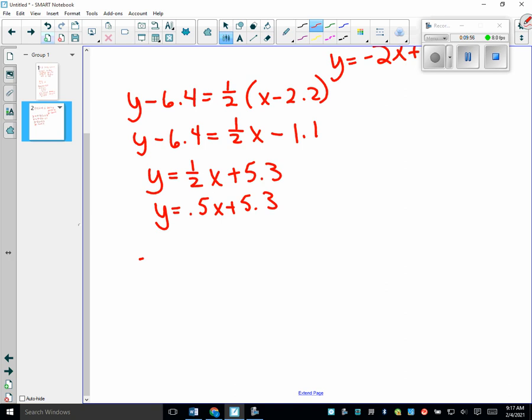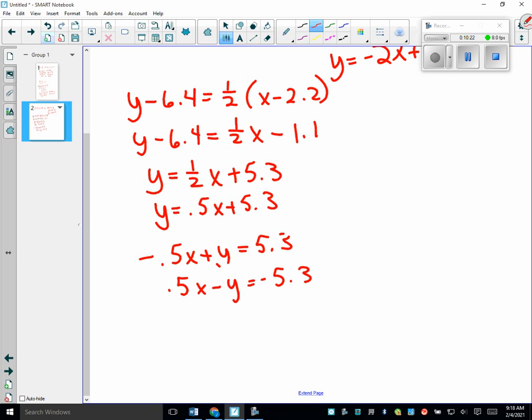So negative 0.5x plus y equals 5.3. And then multiply everything by -1. 0.5x minus y equals -5.3. Yeah, fractions. Can't have decimals either, those are fractions.